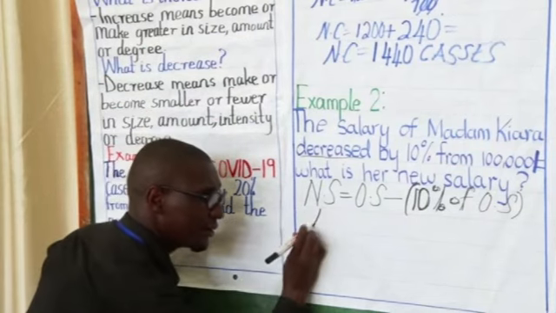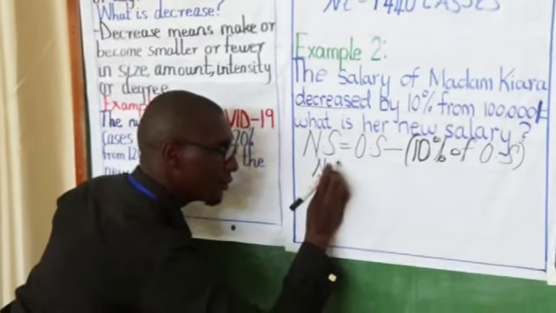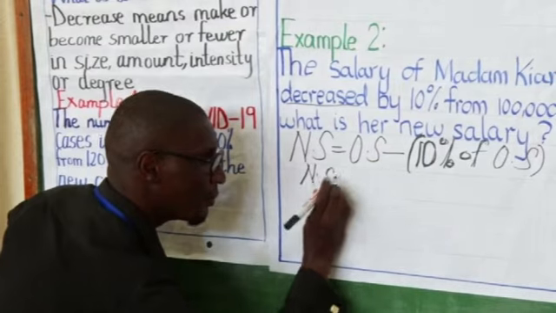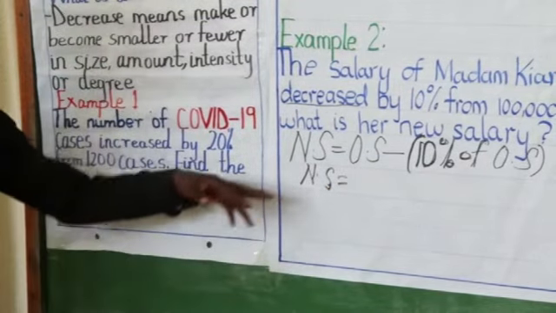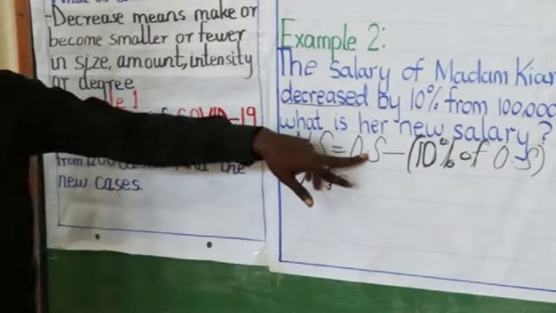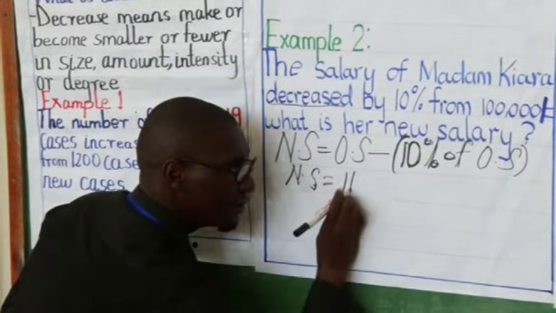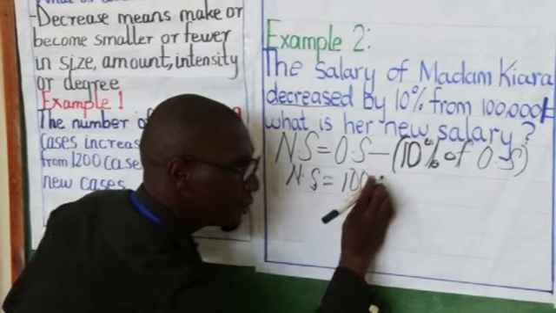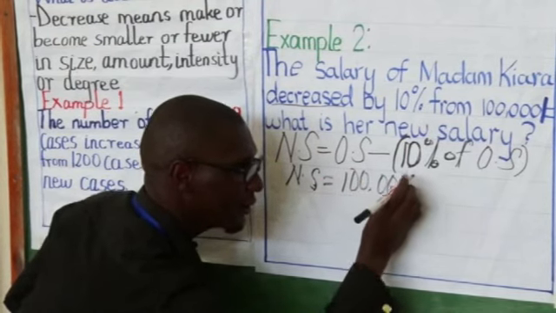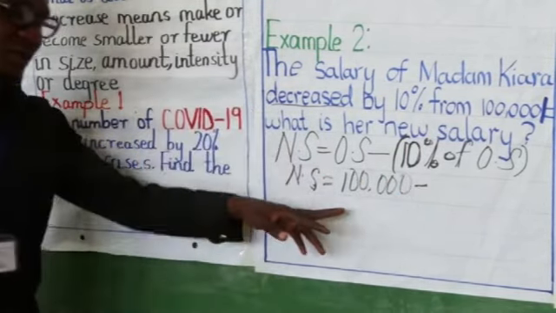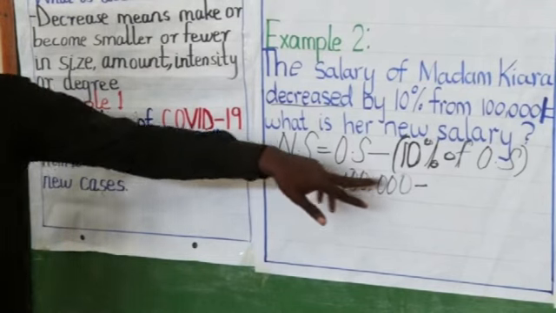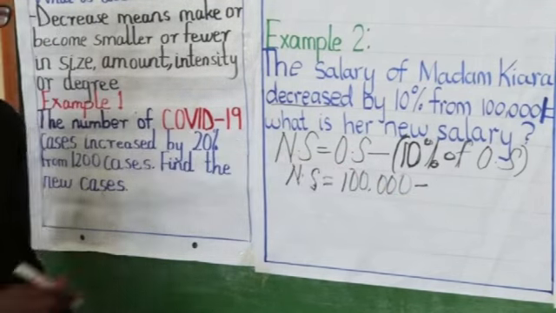Our new salary will be the old salary, which is 100,000 shillings. This is shillings, we understand, no problem. We take away or subtract 10%.